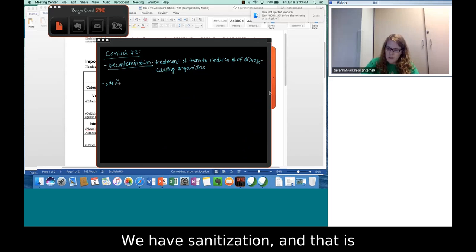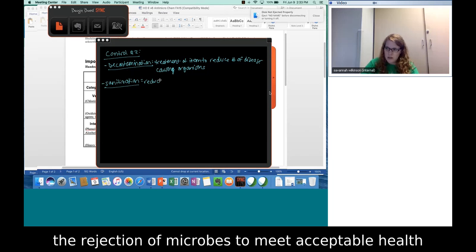And we have sanitization, and it is the reduction of microbes.